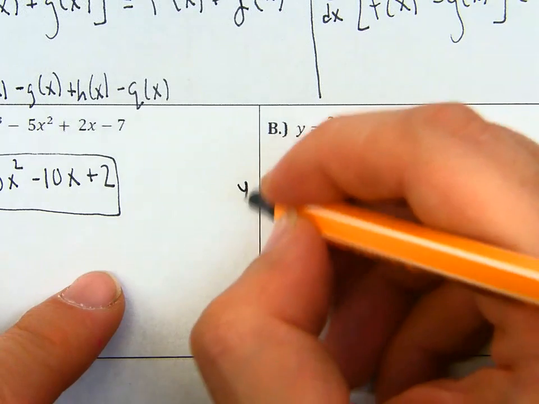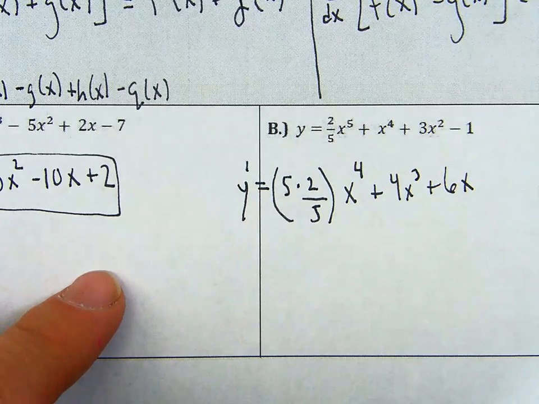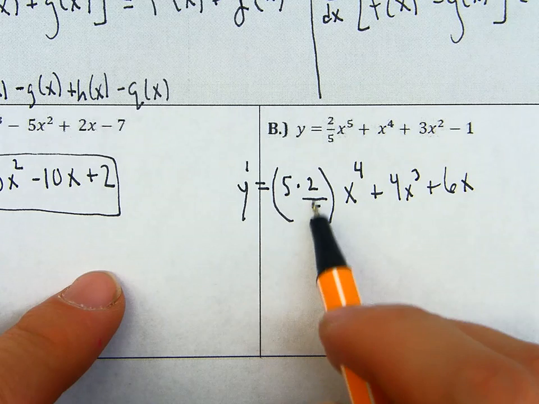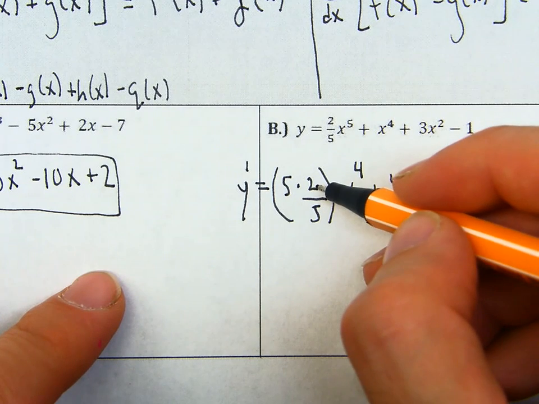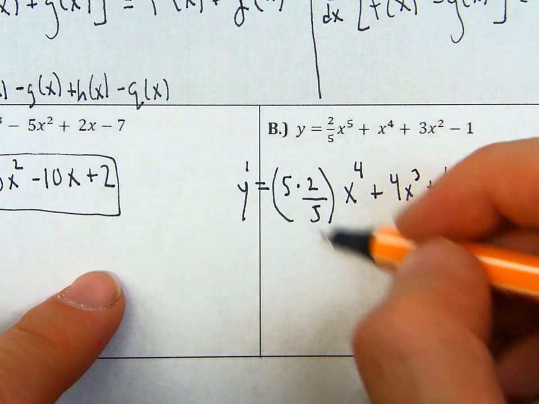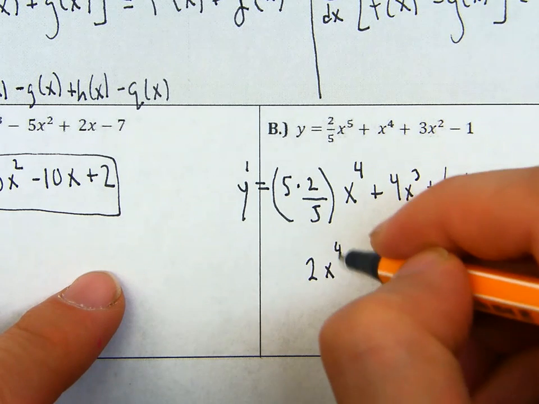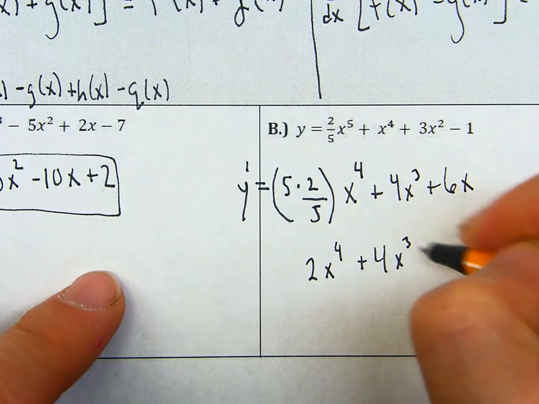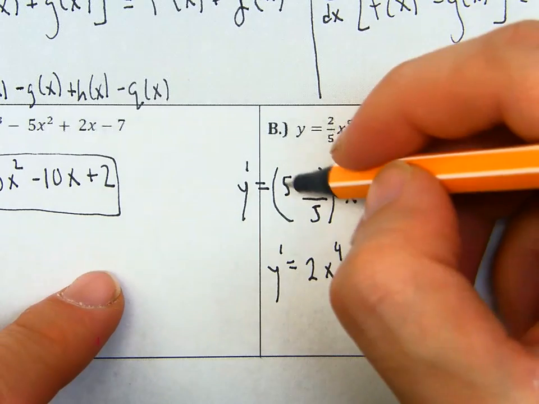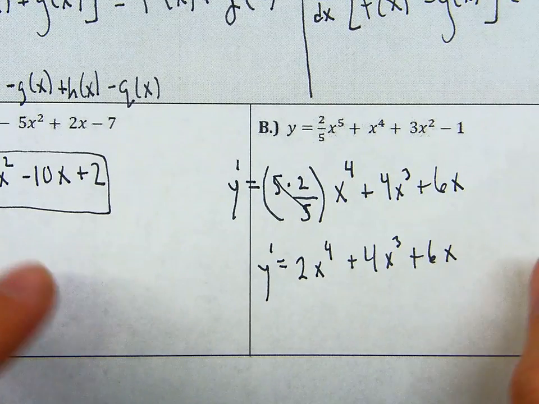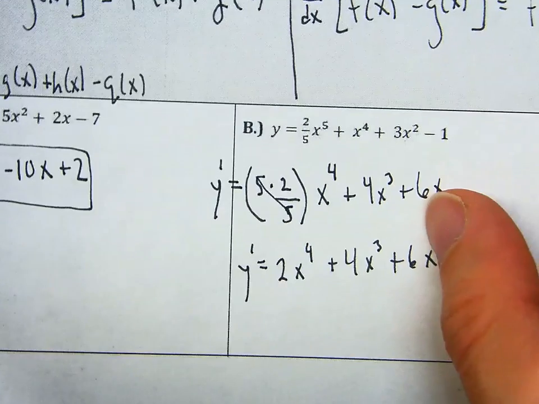And my bad, I should have written y prime is equal to, right? So here, what is 5 times 2 over 5? Notice that 5 times 2 is 10, and 10 divided by 5 is 2. So you have 2x to the 4th plus 4x cubed plus 6x, and this is y prime. Okay, or you could have done this as well. That would have also worked. Okay. Try and keep going.